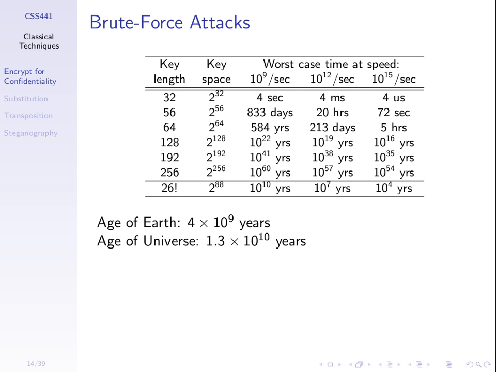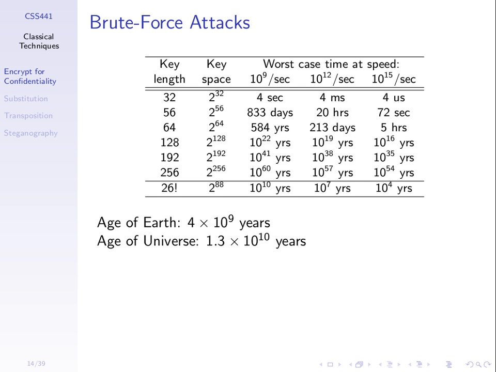For example, if my key length is 32 bits, I choose a random 32-bit value, then there are 2 to the power of 32 possible values. So we say the key space is 2 to the power of 32. How long does it take me to try all 2 to the power of 32 keys? Well, 2 to the power of 32 is about 4 billion. So it's about 4 billion keys.